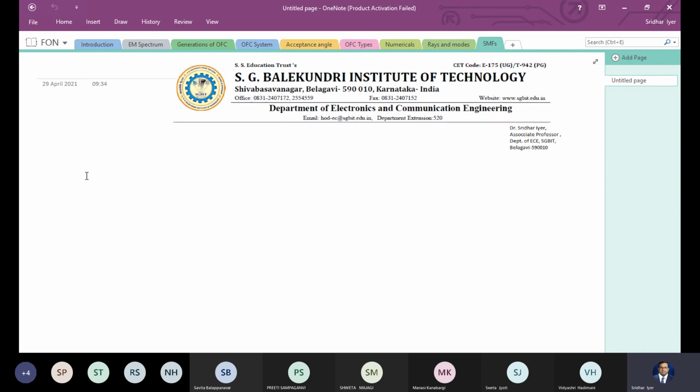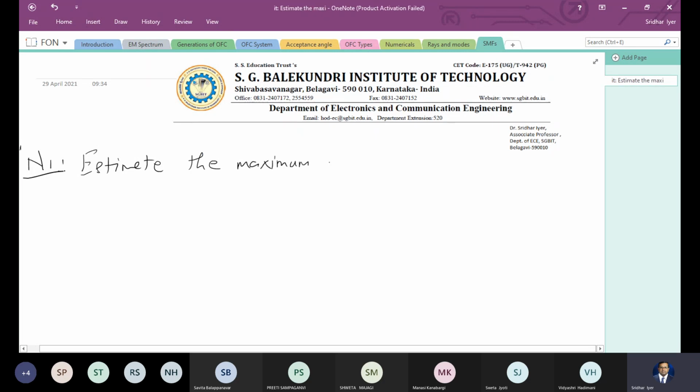So let me start off with the first numerical. So this is numerical 1 for the day. The question is, estimate the maximum core diameter with delta equal to 1.5%.